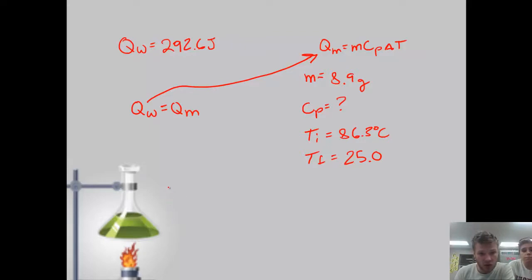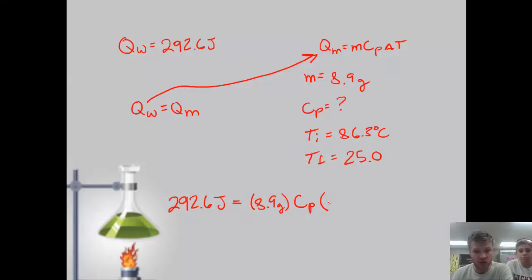So I'll have 292.6 joules, that's my QM, equals my mass, which is 8.9 grams, and my CP, which I don't know, that's what I'm solving for. So we're going to leave that CP in there like our variable, times T final minus T initial. Now these should be negatives of one another, because one was gained and one was lost, so the loss is a negative. The negative shouldn't be too big of an issue, but I'm going to have 25.0 minus 86.3 degrees Celsius.